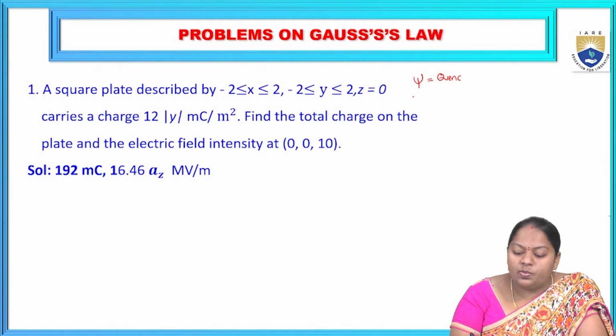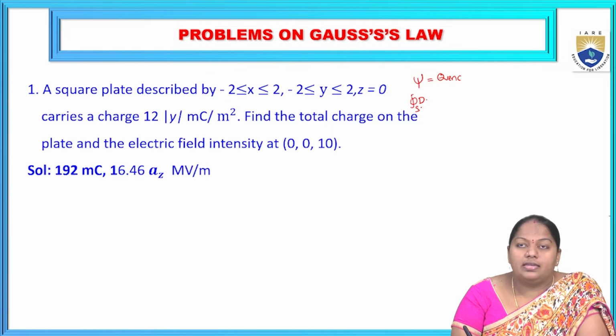So psi is the closed surface integral over S of D dot dS, where D is the electric flux density, also called electric displacement, and it is equal to the charge enclosed.